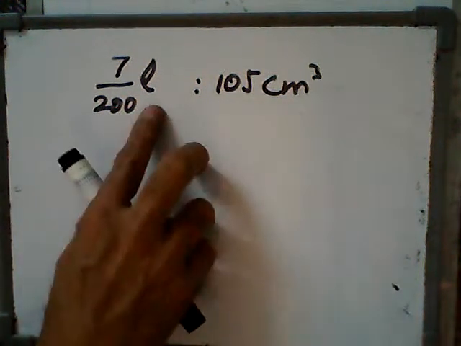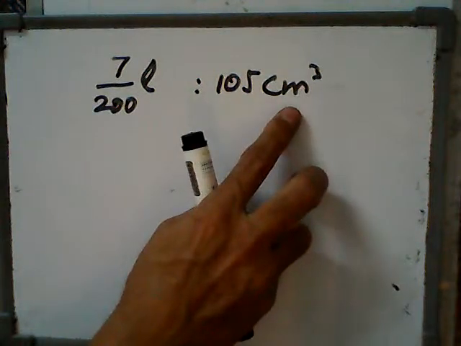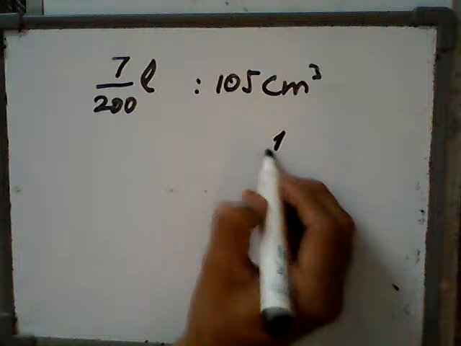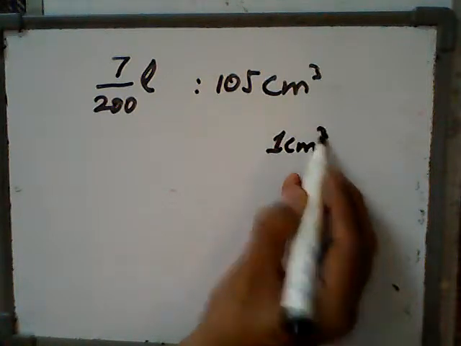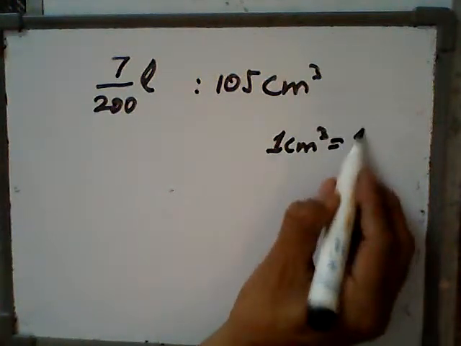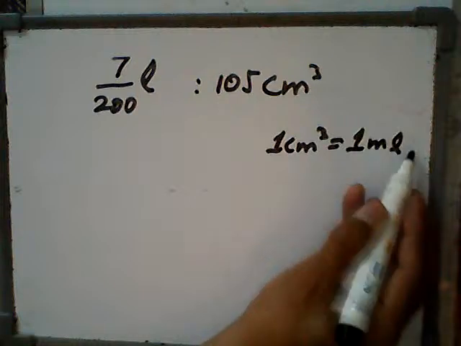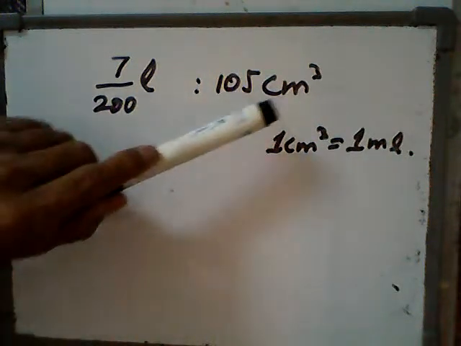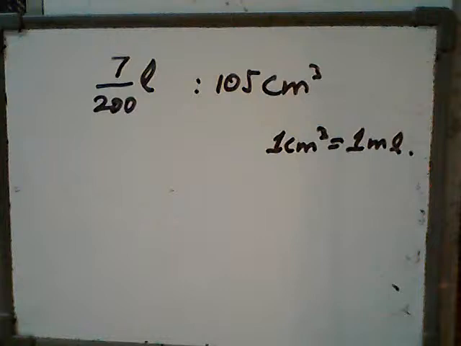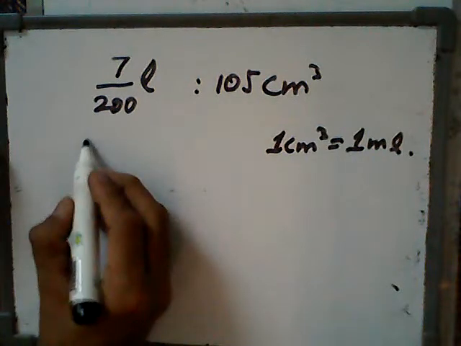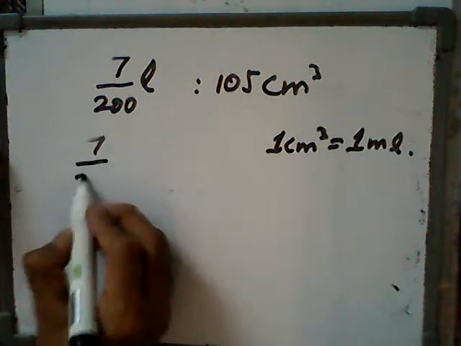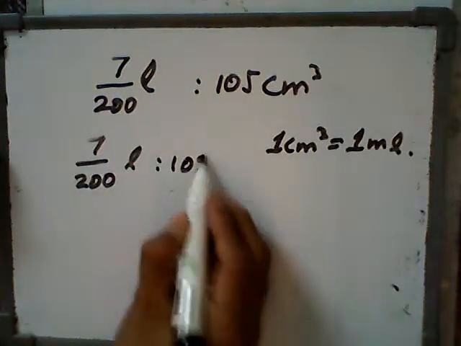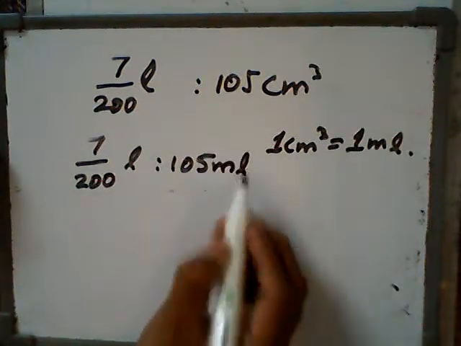So liters cannot be compared with the centimeter cube directly, but we must know that 1 centimeter cube is equal to 1 milliliter. So it means we could write this as milliliter. So that's why our question will become 7 by 200 liter and 105 milliliter.